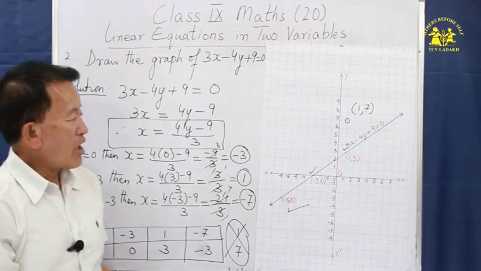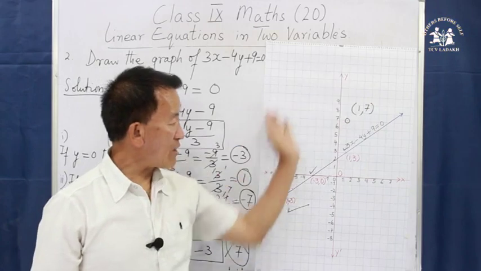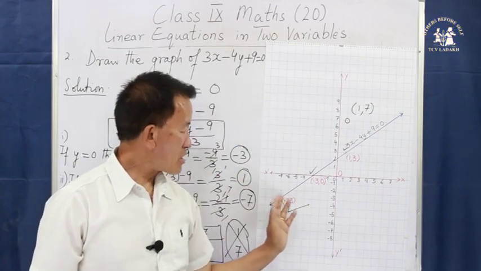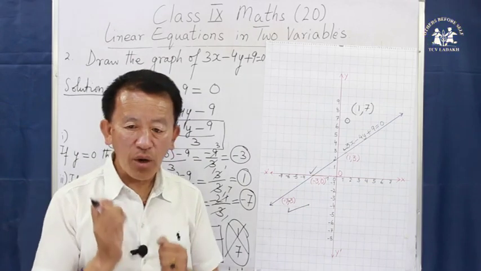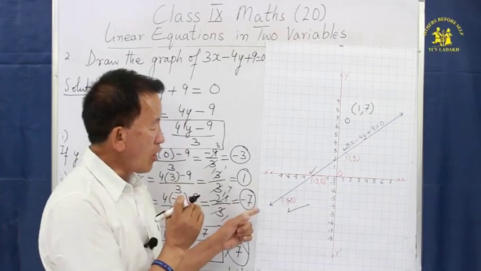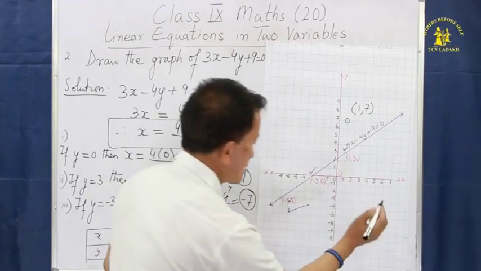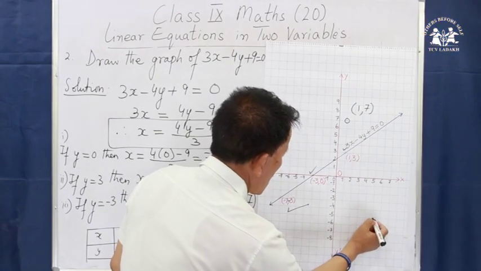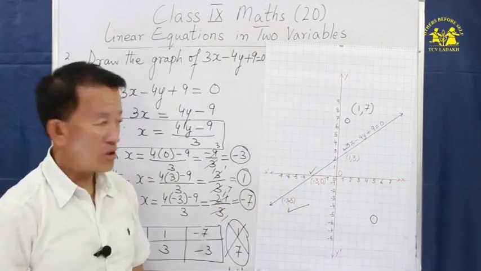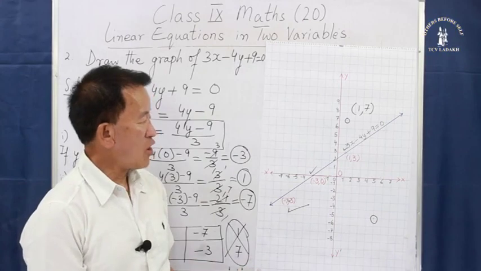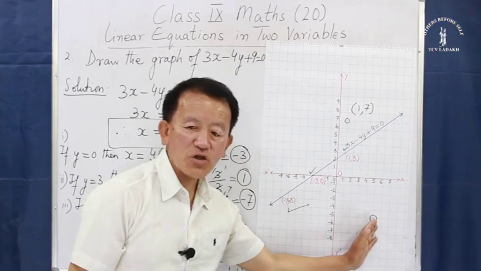Okay. Now, in an examination, you may be given a graph with some of the points, and you may be asked whether a particular point is a solution of this particular graph or not. So if I say any point in the fourth quadrant, from this graph it is clear that the line does not fall on the fourth quadrant.